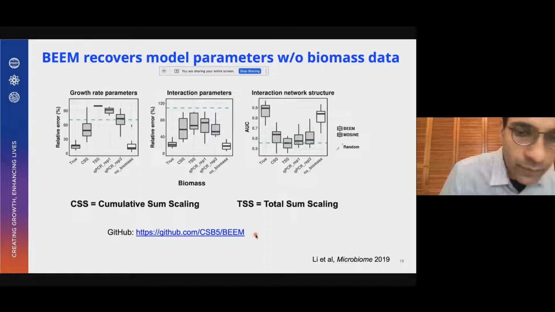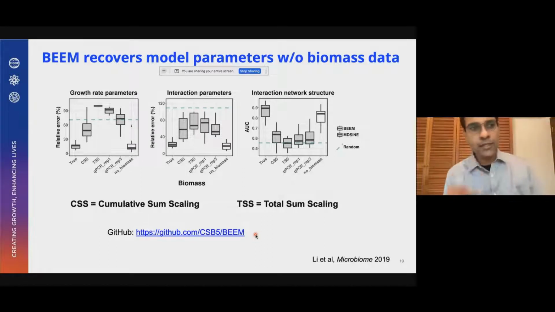Okay, so without further ado, let's jump into the results. Here's what you get with this approach, repeating the same set of experiments with the same simulations that I described earlier.